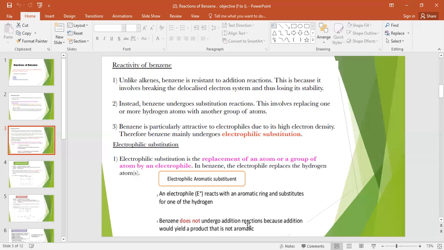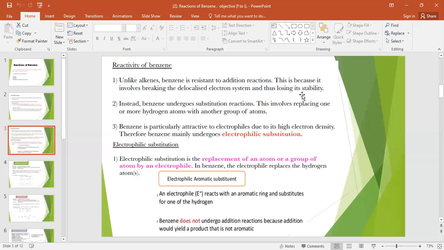Benzene does not undergo addition reactions because addition would yield a product that is not aromatic. Second, as in point number 1, it would lose its stability. So benzene will not give addition reactions at ordinary conditions.